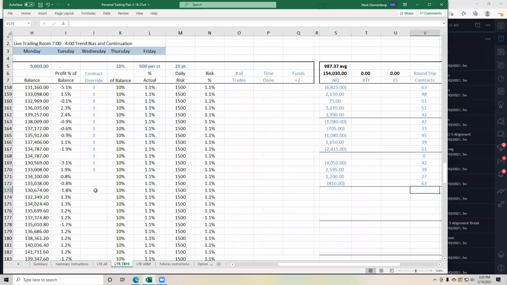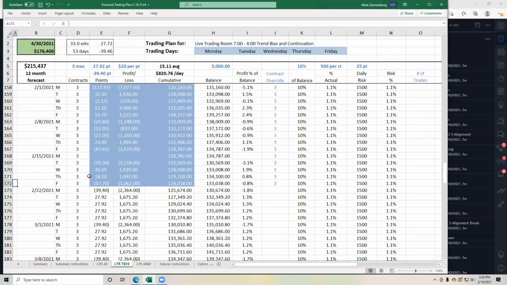So in the second category, where we only trade the trend and trend continuation trades, but we're trading from 7 to 4, we also started this account 33 weeks ago, and we have 53 losing days during those 33 weeks.